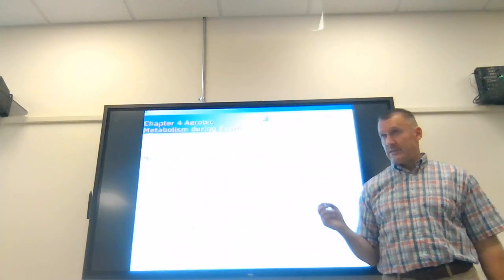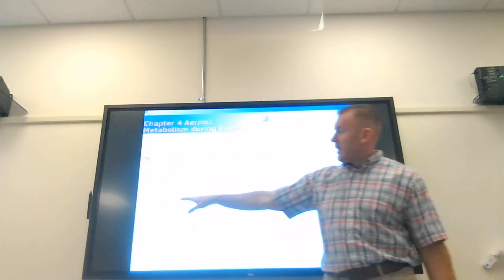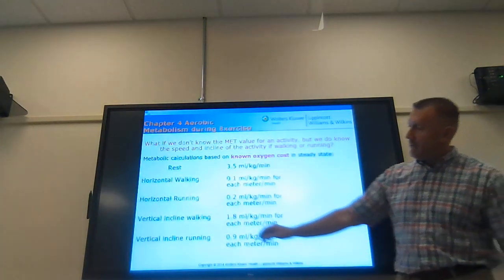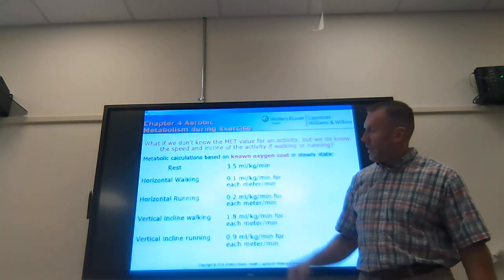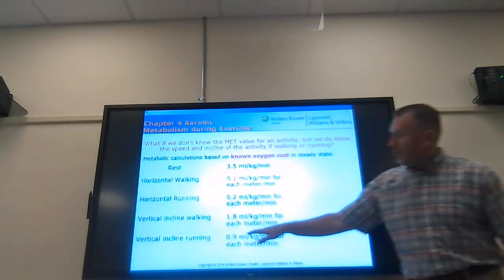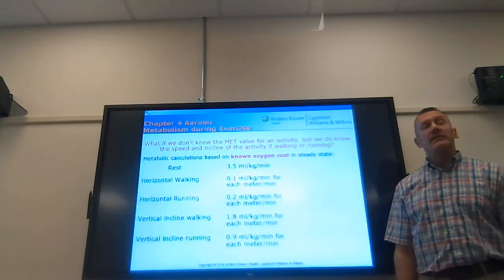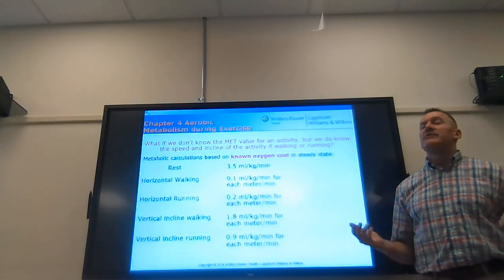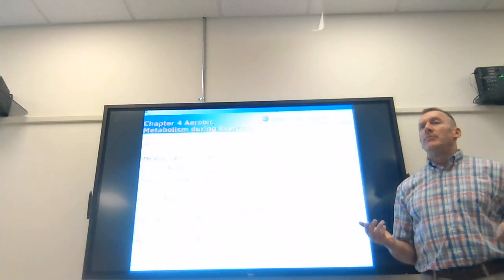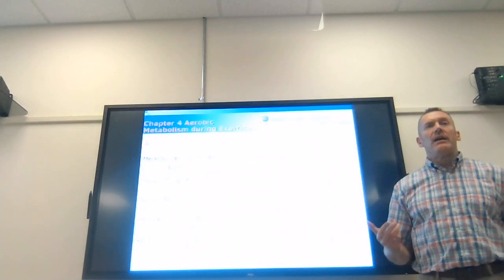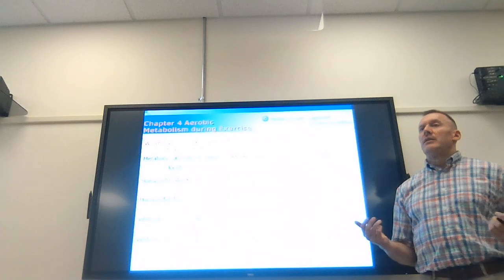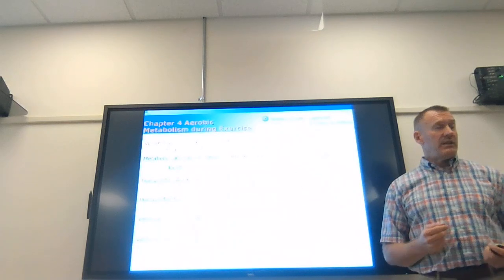Okay, so that's the speed. Horizontal running is 0.2, vertical incline walking is 1.8, vertical incline running is 0.9. So these are standardized values based on the speed and grade that we're conducting these activities, running or walking.